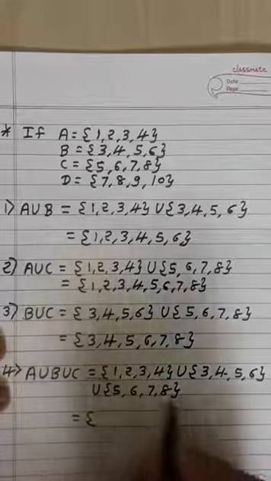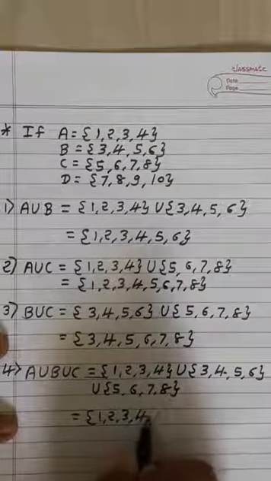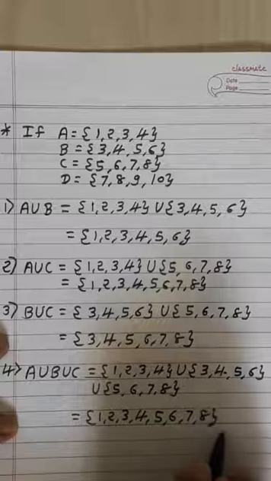Now the union of all these three sets, A union B union C, is 1, 2, 3, 4, 5, 6, 7, 8.